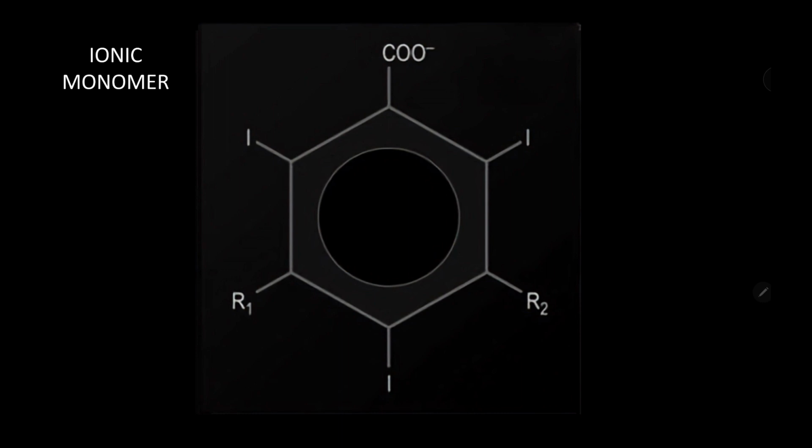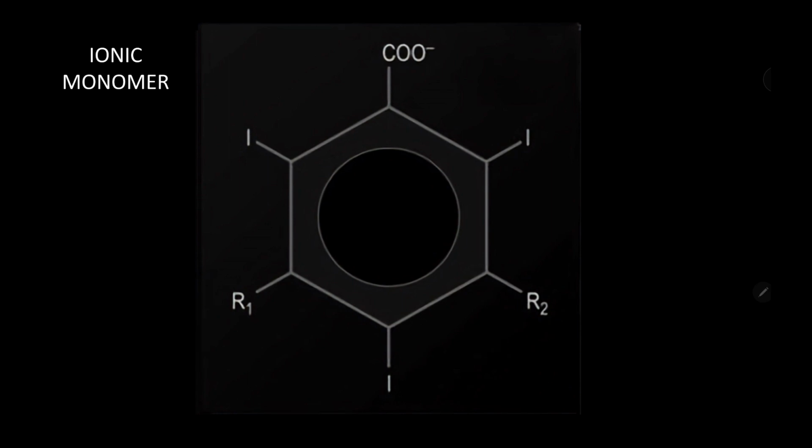As we already discussed in previous slides, since the osmolality is more, the contrast media crosses the cells more and enters the cells more, and since it is ionic, it interferes with the electrical activity of the cell, and it is also hypertonic. The osmolality of ionic monomers is very high, in the range of 1200 to 1500, in some cases 2000 milliosmoles per kg. Therefore, it obviously has a high amount of side effects.